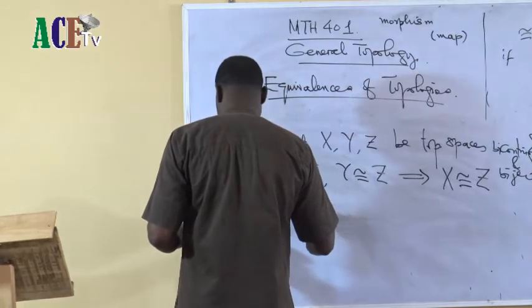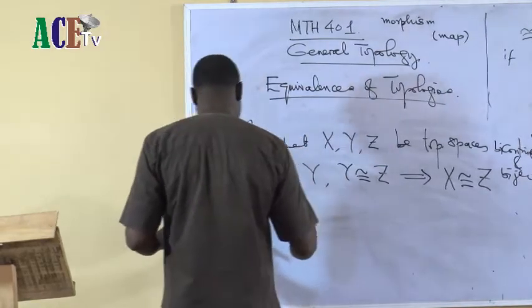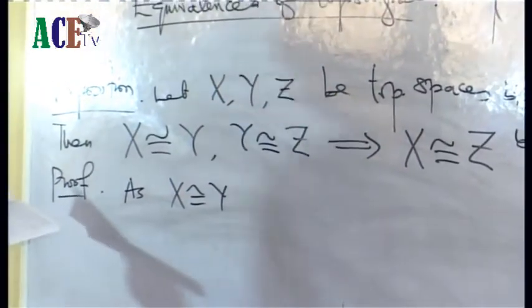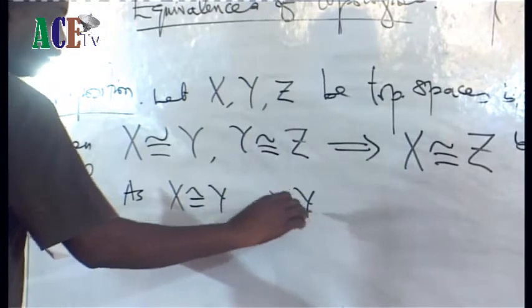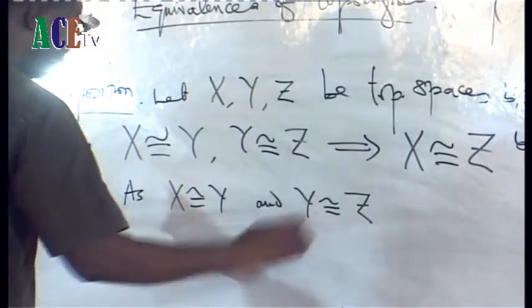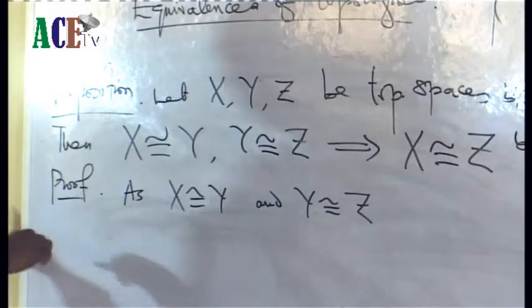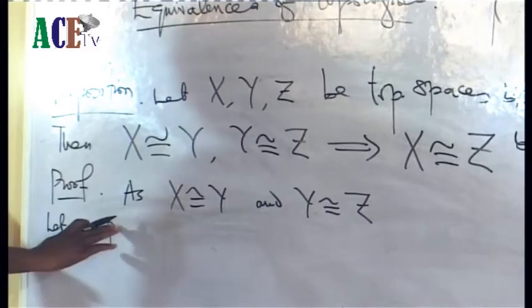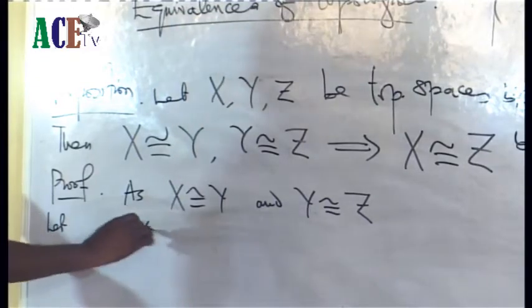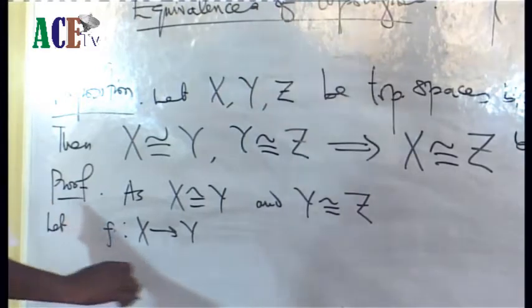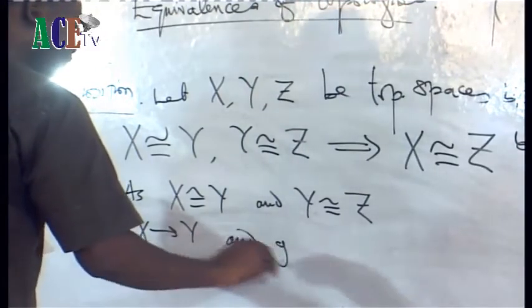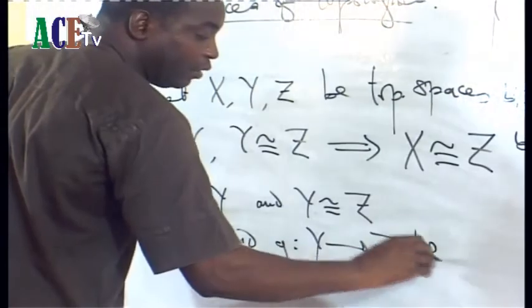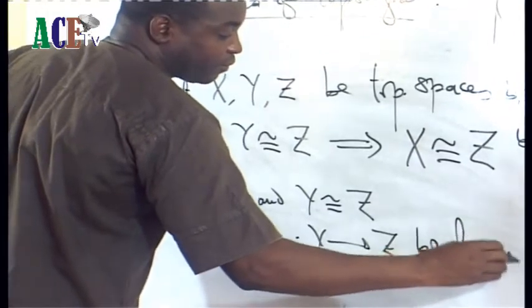As X is homeomorphic to Y and Y is homeomorphic to Z, let F be a map from X to Y and G be a map from Y to Z, be homeomorphisms.